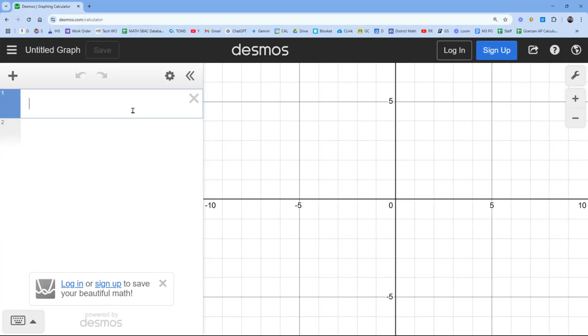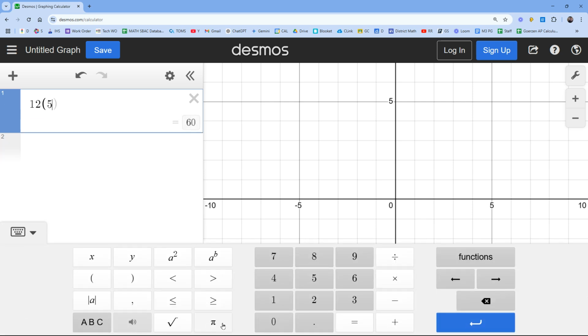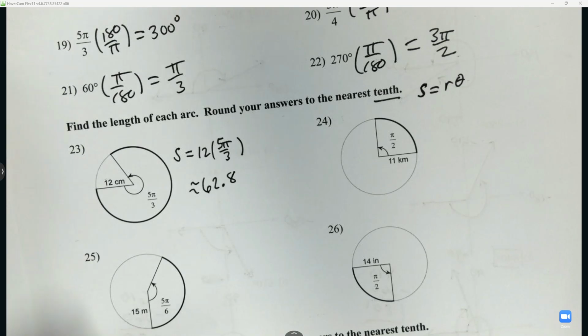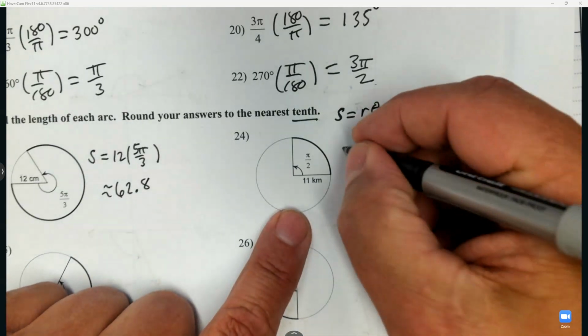And so I'm going to go 12 times 5 pi over 3. And you get 62.8. So again, I want to find the arc length.